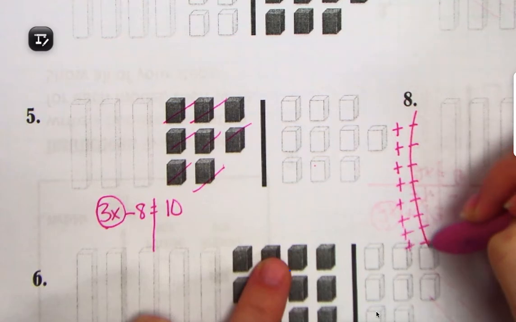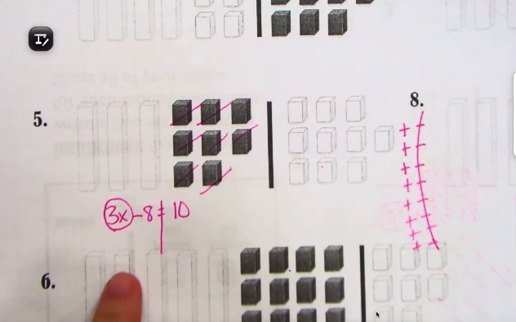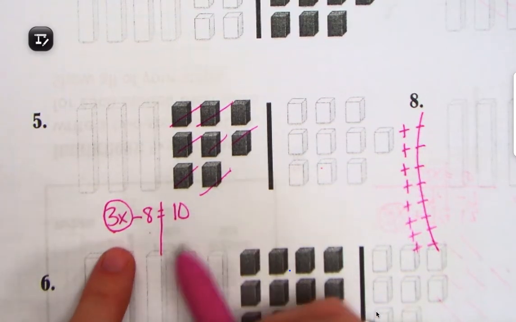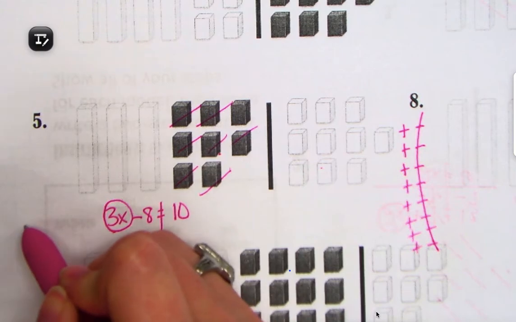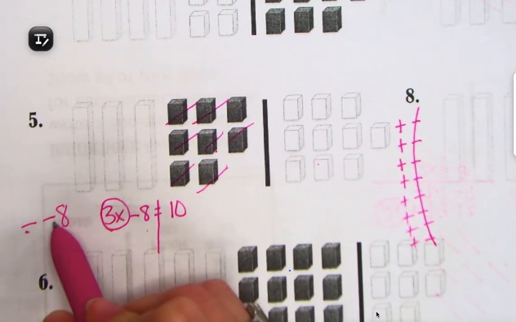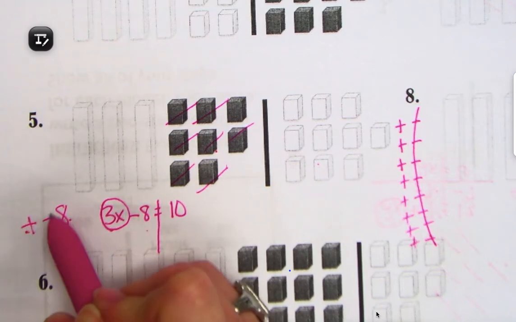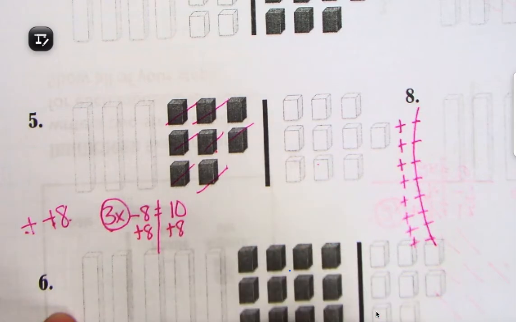So I'm going to mark those out and see what I have left. If we were doing this the algebraic way, I'm going to take away the negatives. And if I take away a negative, so that is subtracting a -8, that's the same as adding 8. So I'm really adding +8.